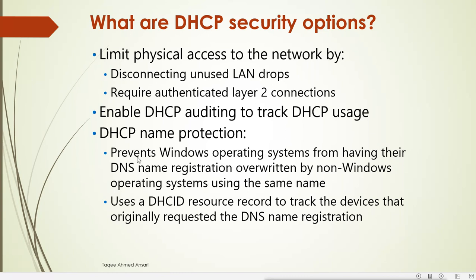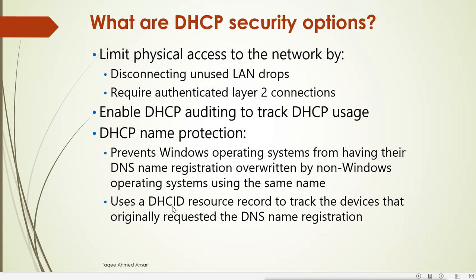So we have to prevent the Windows operating system from having its DNS name registration overwritten by a non-Windows operating system using the same name. First, we have to make sure that the Windows operating system name is not overwritten by other operating systems like Linux in DNS. That we have to configure in DNS.